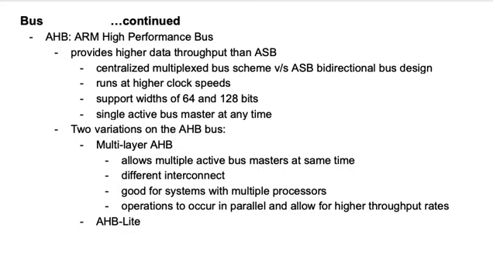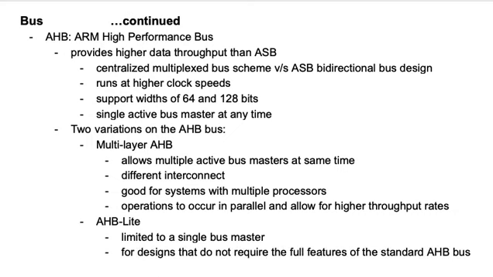As operations occur in parallel, the throughput rates are high. Another variant of the AHB bus is the AHB Lite, which has a limitation of a single bus master, and it is used for embedded devices and designs that do not need all the features of the AHB bus. The protocols that are used for master and slave are the same.